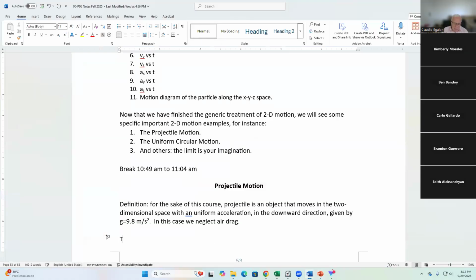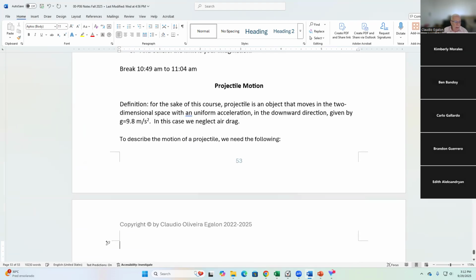To describe the motion of a projectile, we need the following. One, let's put A. The initial position of the projectile.